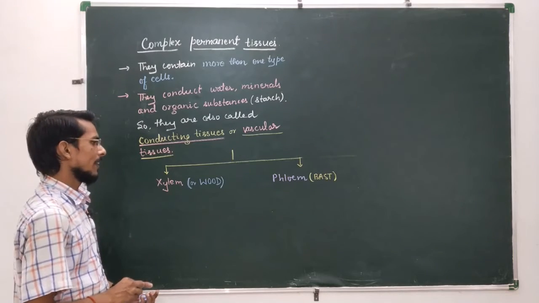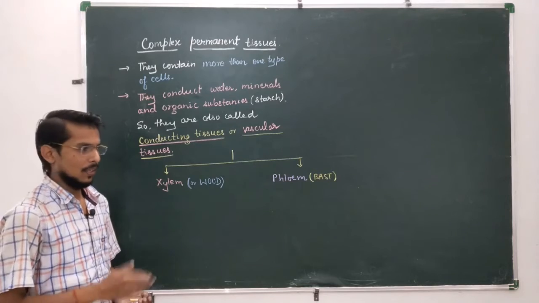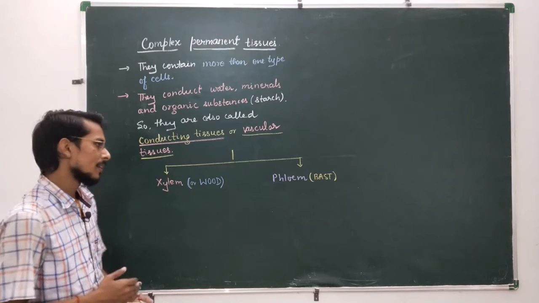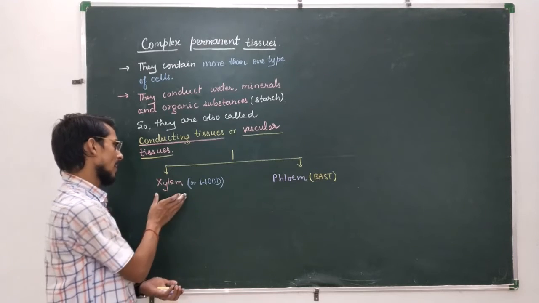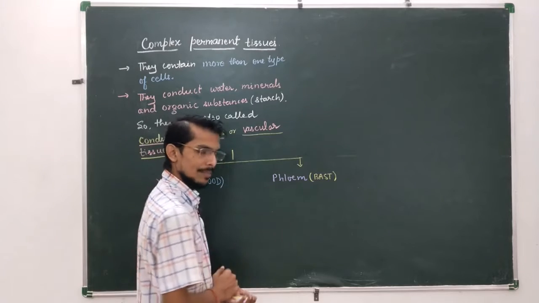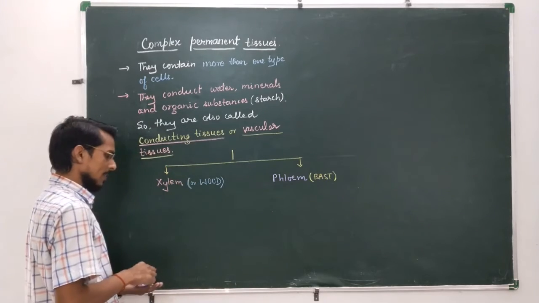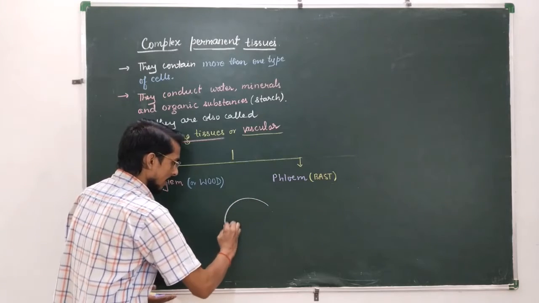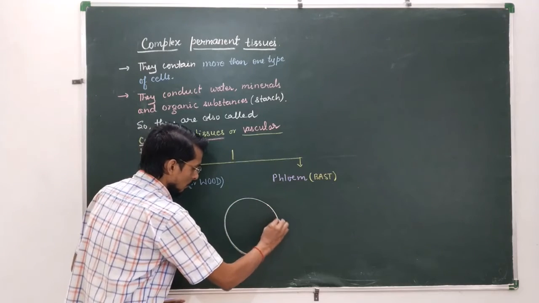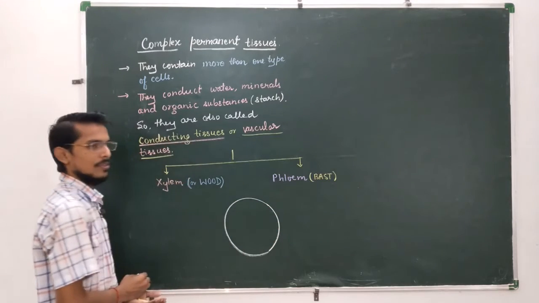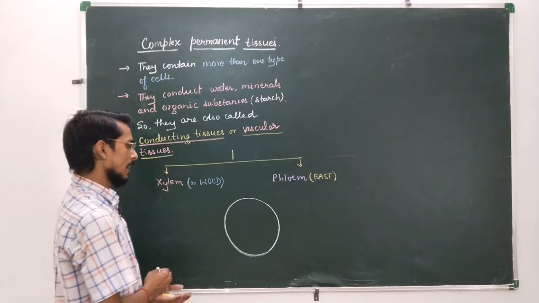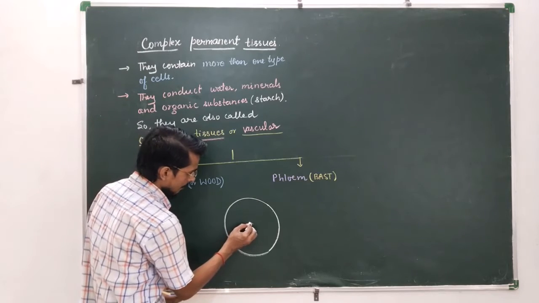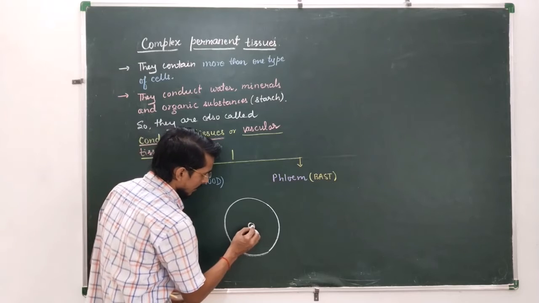Now before entering into detail, let us see the cross section of stem, so that you can identify where xylem is present and where phloem is present. You must have seen the cross section of wood. In that cross section you will have pith at the center.